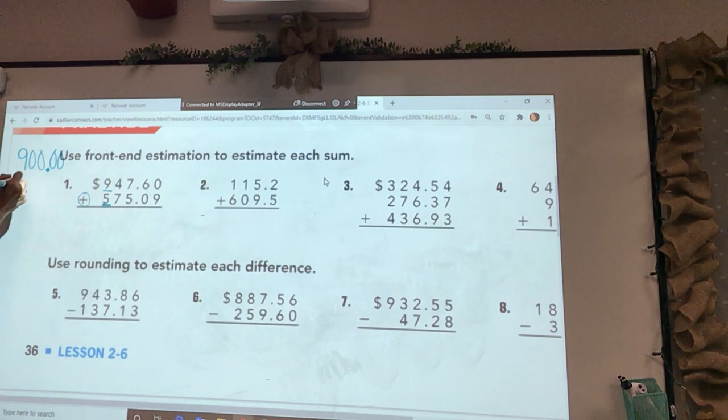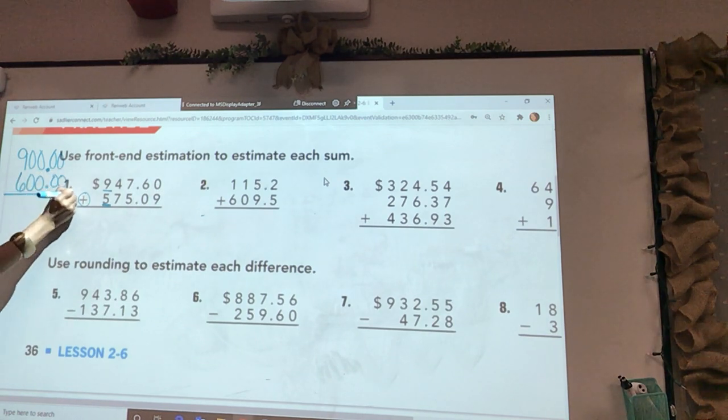I'm missing some eyeballs that I really should have looking at the board right now. 600. Okay, watch. I'm going to simply add this up, but you have to keep this decimal in the right spot. You should have ended up with $1,500.